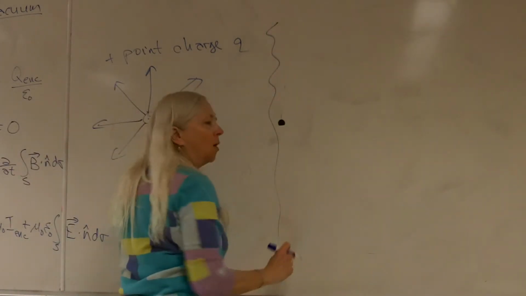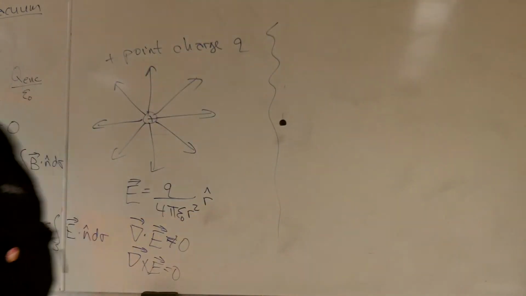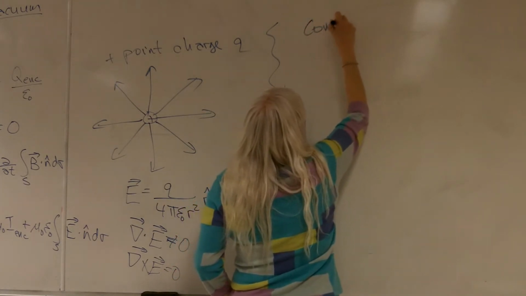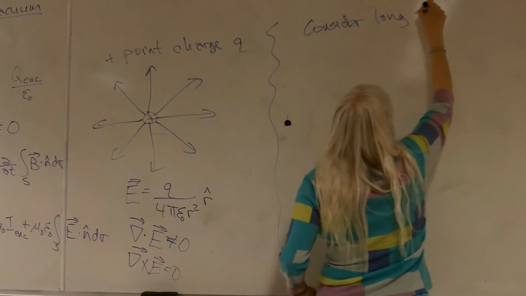I want to look at just one more example today to finish up our discussion of electricity and magnetism. And that is, let's think about a long straight wire carrying a steady current.